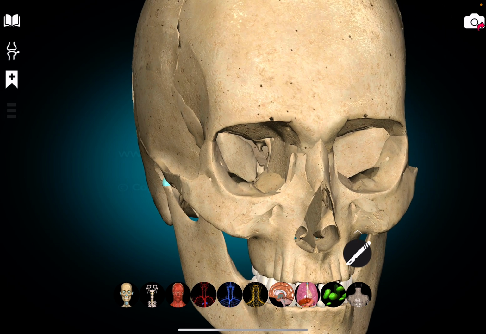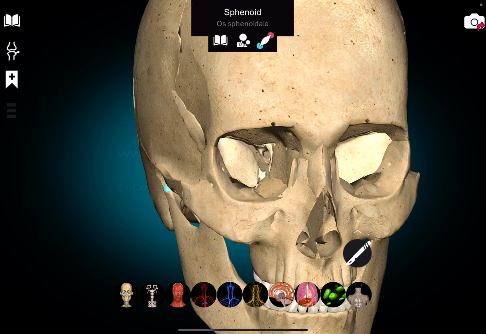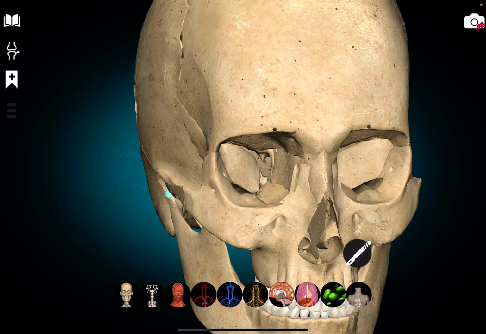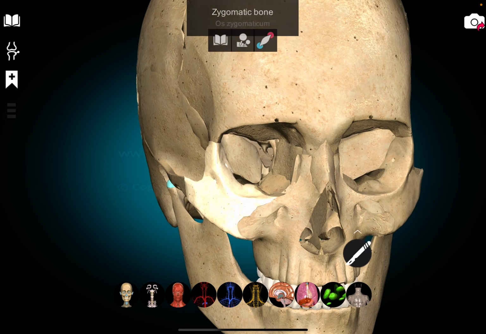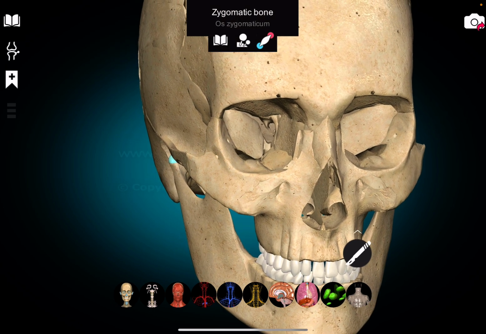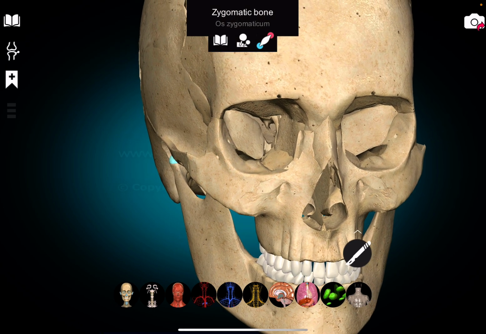Now this greater wing of sphenoid is very important because above it, between the greater wing and the lesser wing, is the superior orbital fissure. And below this greater wing of sphenoid, between it and the zygomatic and maxilla, is the inferior orbital fissure.